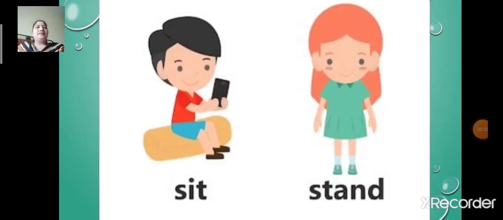Next, sit, stand. This boy is sitting and this girl is standing. S-I-T, sit, and S-T-A-N-D, stand. So sit and stand are the two opposite words.